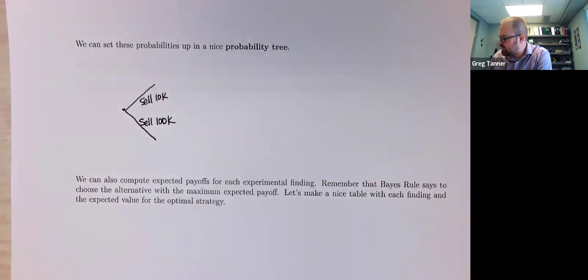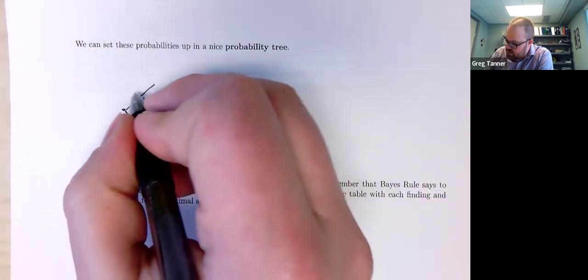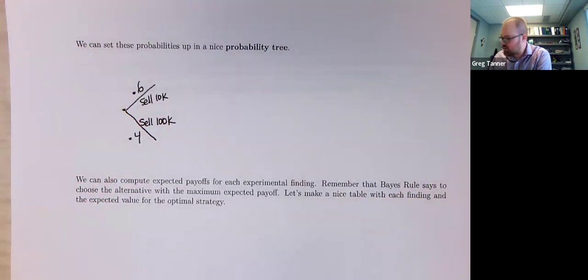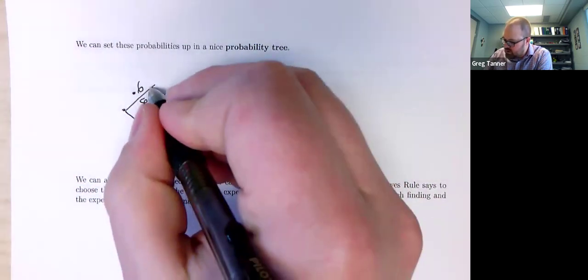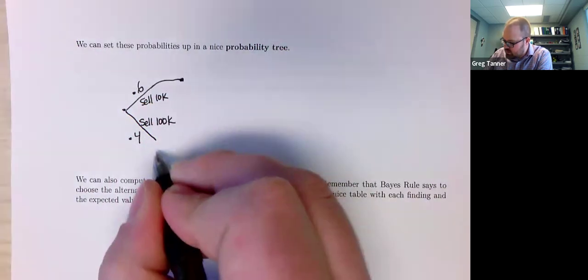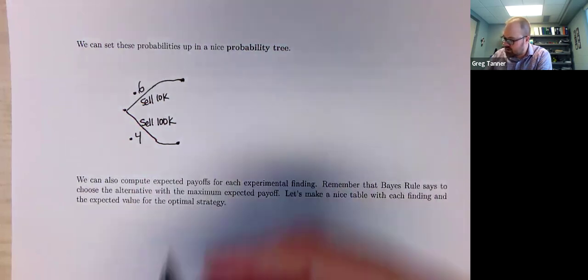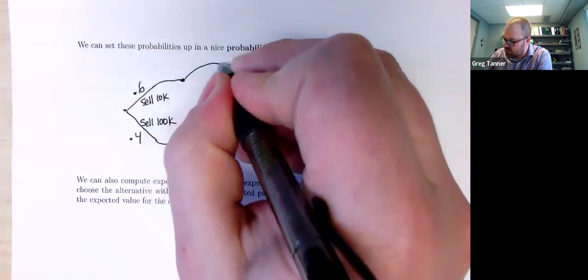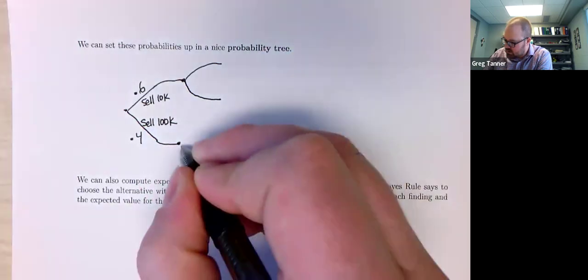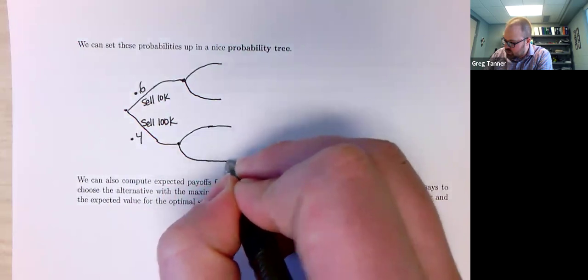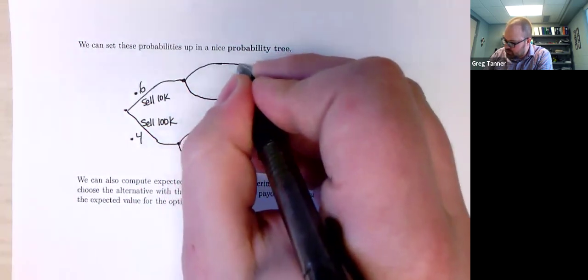And the prior probabilities of each of these are 0.6 and 0.4. From each of these, I'll bring these over. Then we could do our market research, and we're given conditional probabilities. I'm going to make these curved. I don't usually do them curved. And so let's put our conditionals in here.